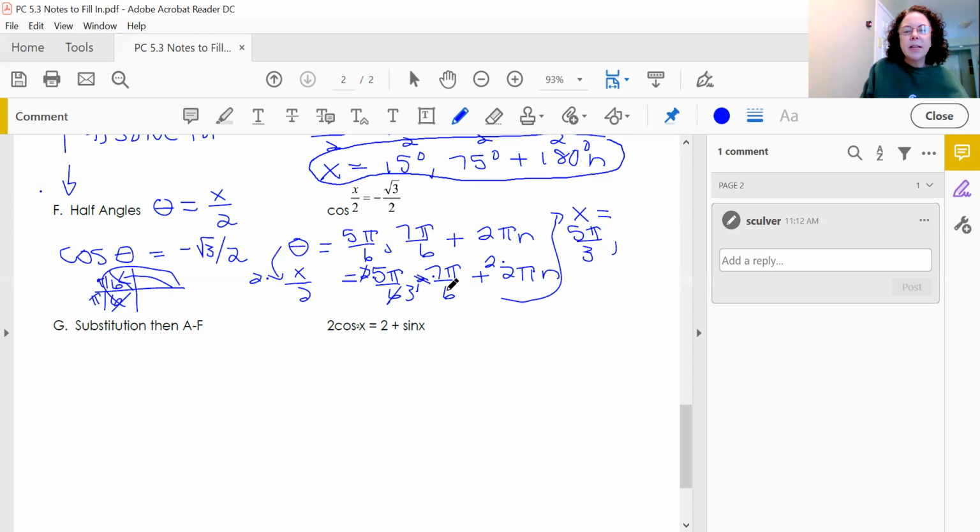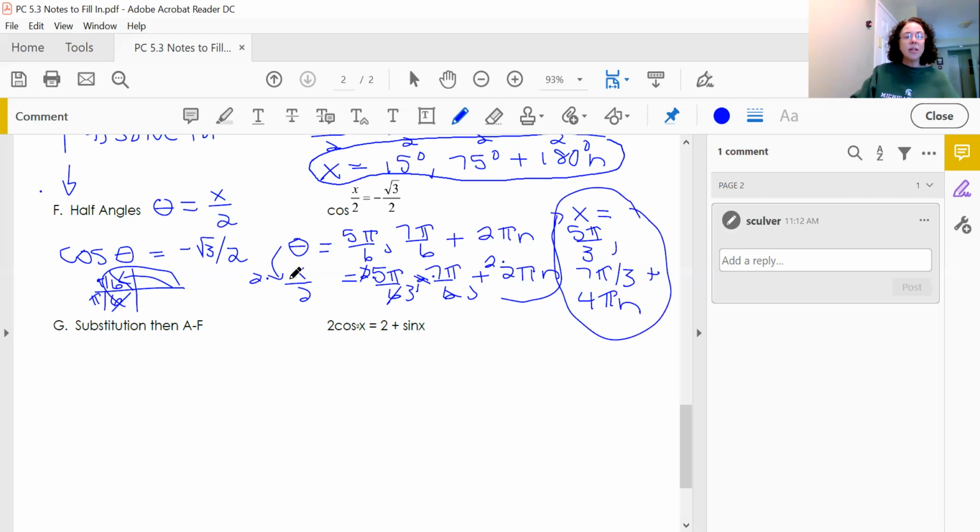My 2 cancels and leaves a 3 here, 7 pi over 3, plus 4 pi n. There we go. And here are my final solutions. If we checked those in our original equation, they would be true.